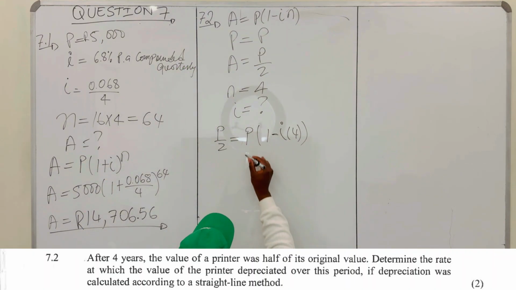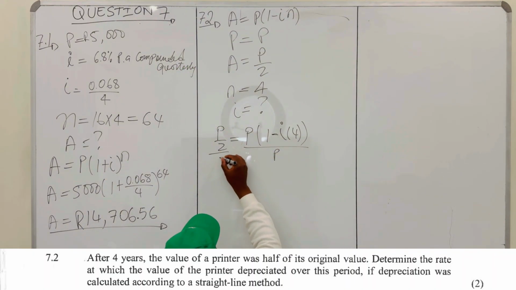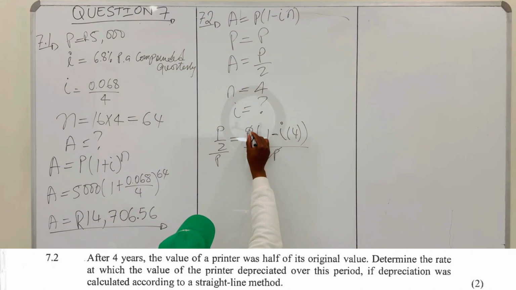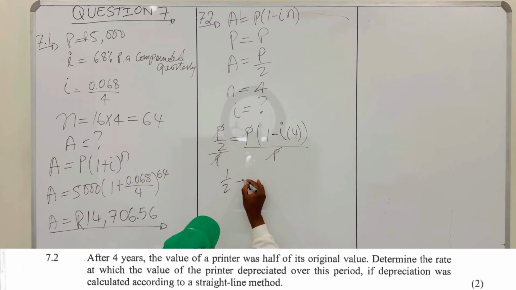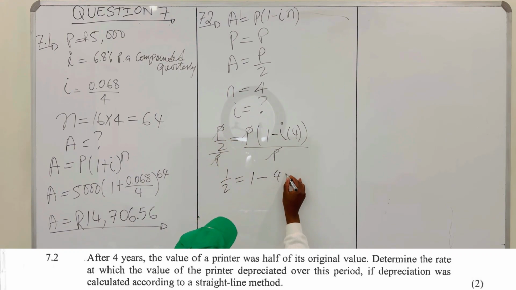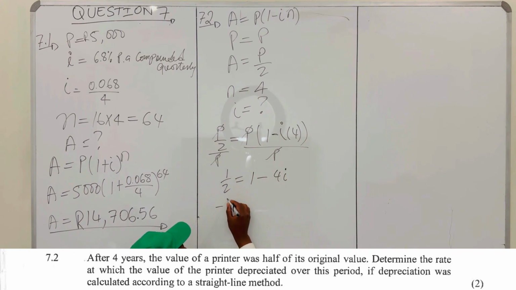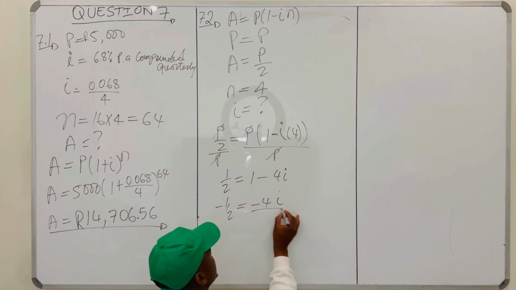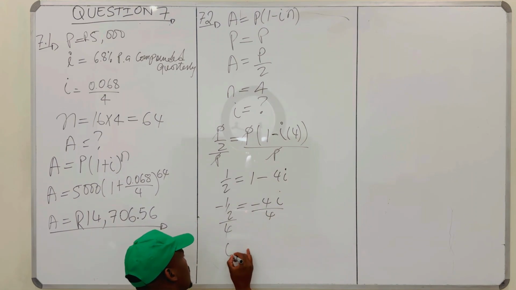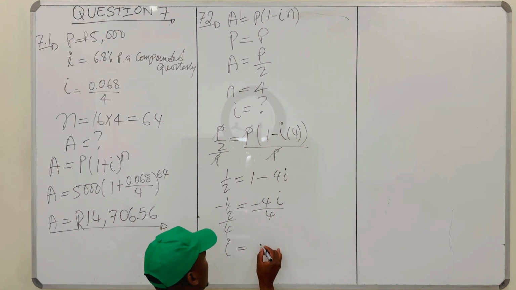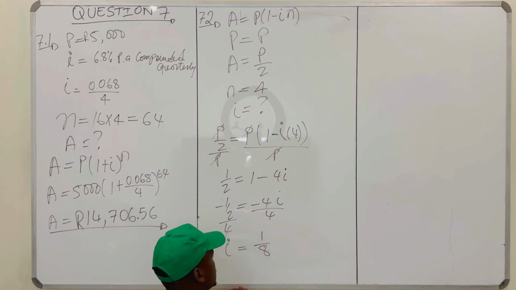Then, what do we do? Divide by P, divide by P. So this P and that P go away. You're left with 1 over 2 is equal to 1 minus 4i. Take this to the other side, negative half is equal to negative 4i. Then divide by 4, divide by 4. You get that your I is equal to 1 over 8.